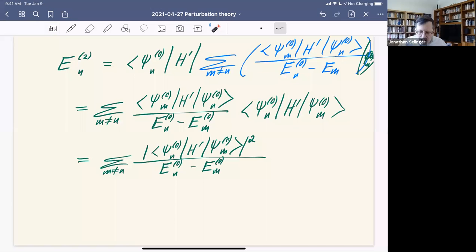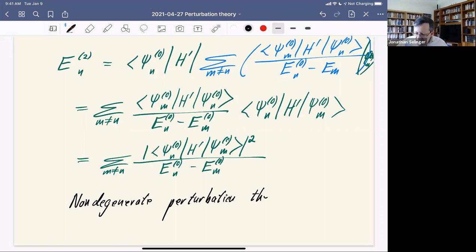That's what I meant at the beginning when I said that we are doing non-degenerate perturbation theory. That is, we assume that E0n is not equal to E0m for n not equal to m.